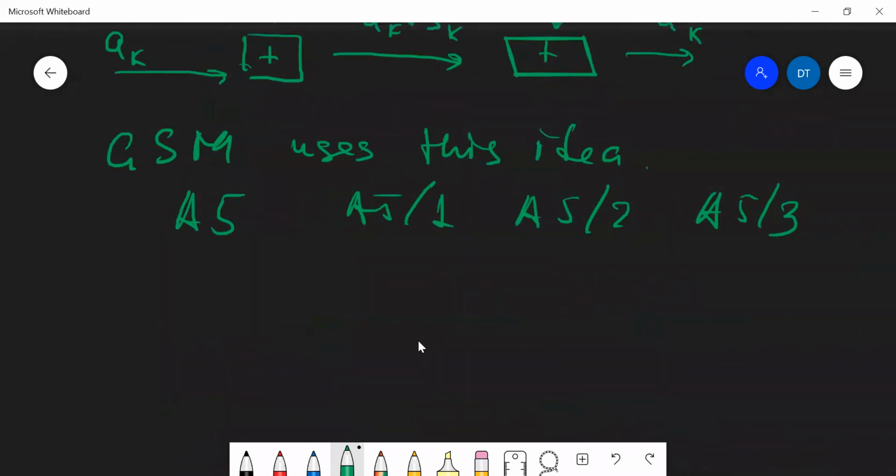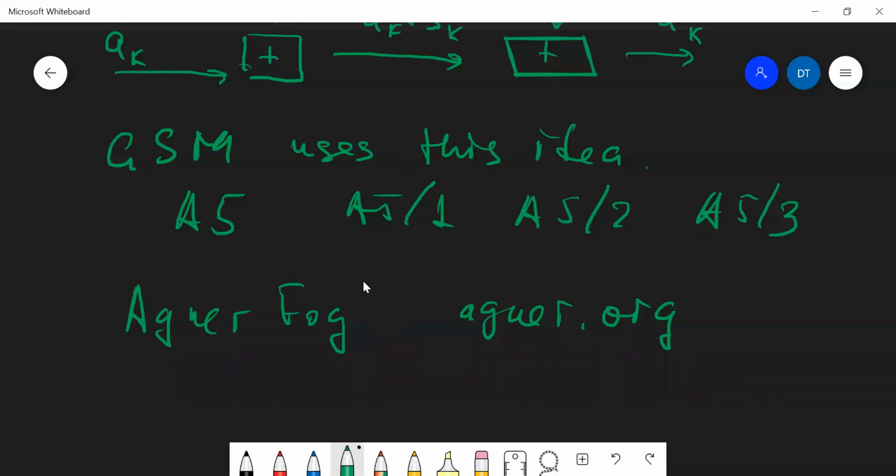There is a professor at the Technical University of Denmark, Agner Fog. His website is agner.org, and he wrote a Bible on optimization for the x86 architecture, so he is very famous for that.